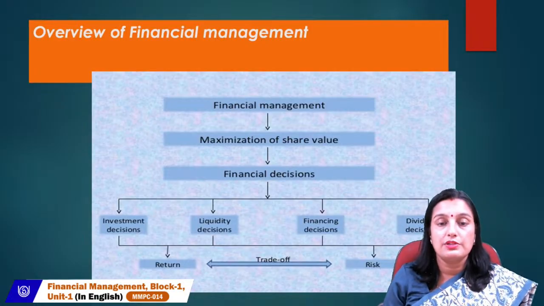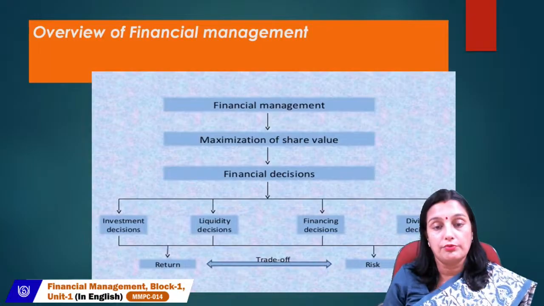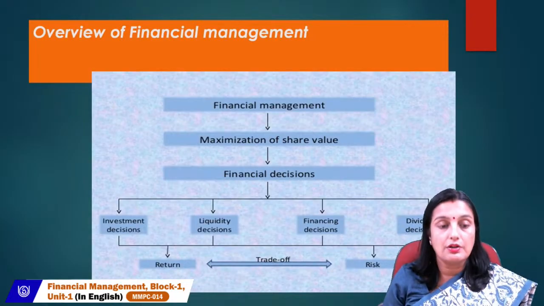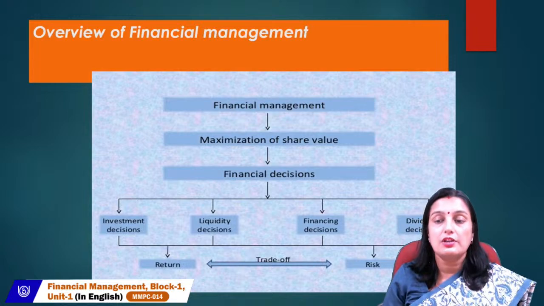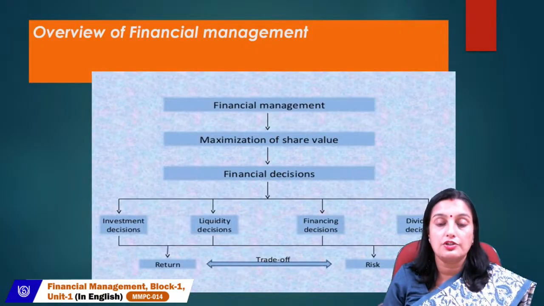The first and foremost objective of financial management is the maximization of share value, and the second part is to take financial decisions. Those decisions are the investment decision, liquidity decision, financing decision, and dividend decision. These decisions are a trade-off of risk and return.